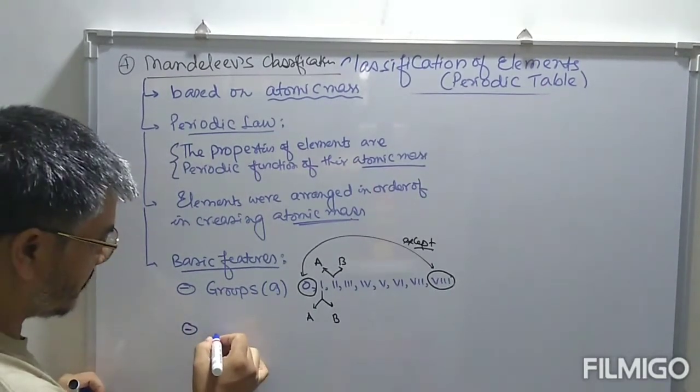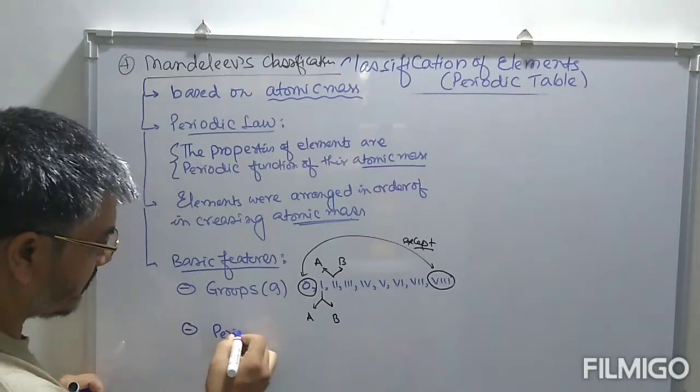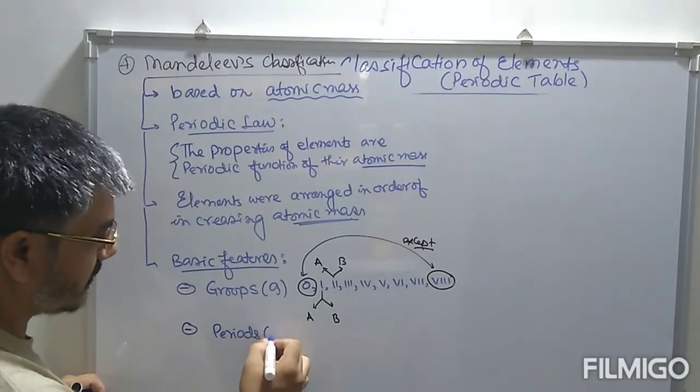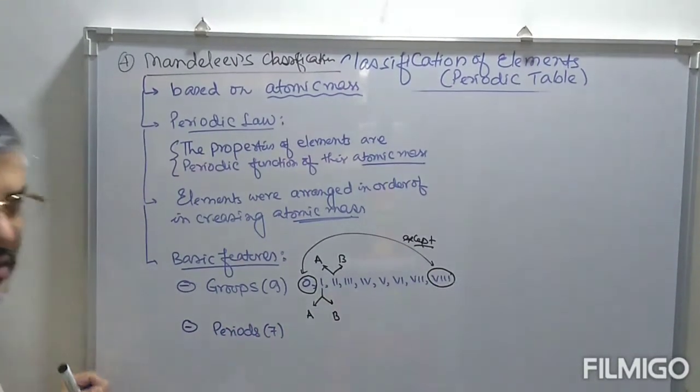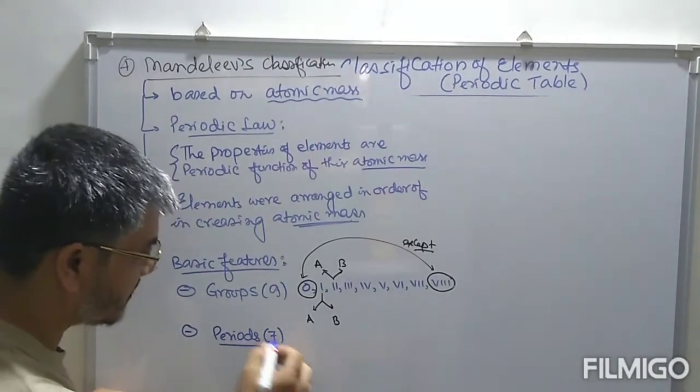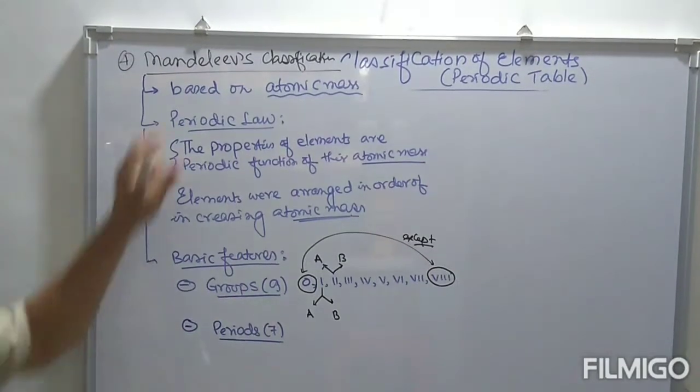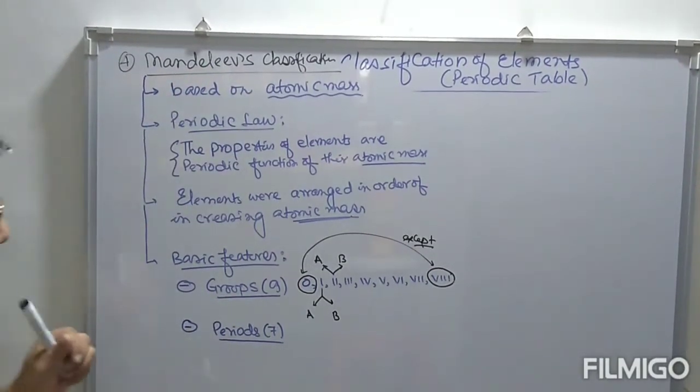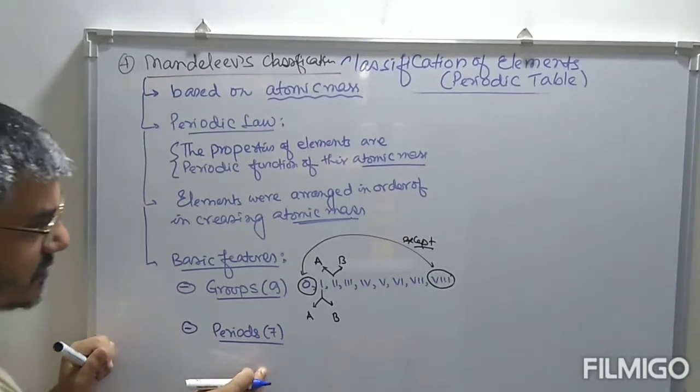Then we have periods. Periods are horizontal rows. Total number of periods in Mendeleev's classification is 7 periods.